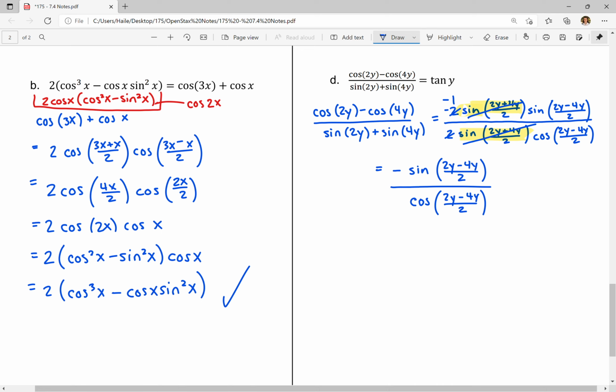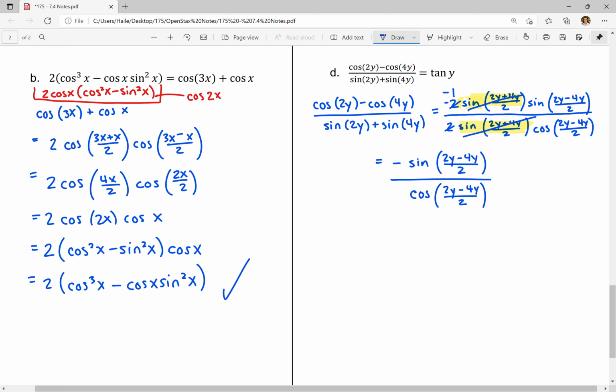Okay, so once again, let's stop and think about why this is a good direction to be heading in. So I know that I want to get to tangent of y, and I know that tangent of y is going to be some fraction of sine divided by cosine, which is what I see in my work. So that's good. So I have sine of some angle, and I have cosine of some angle, and those two angles match. So let's simplify those and see how much further we can go.